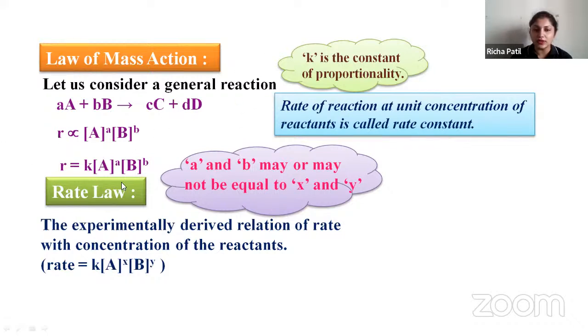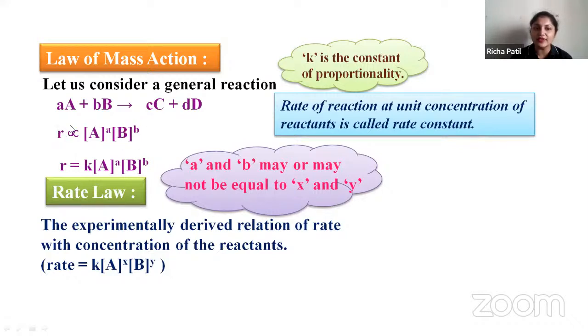If you write the rate for this equation, the rate is directly proportional to the concentration of A raised to its stoichiometric coefficient small a, times the concentration of B raised to its stoichiometric coefficient small b.